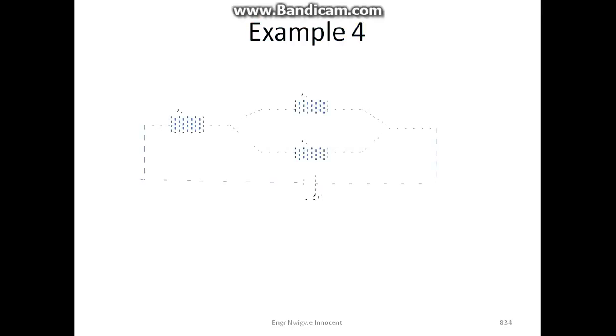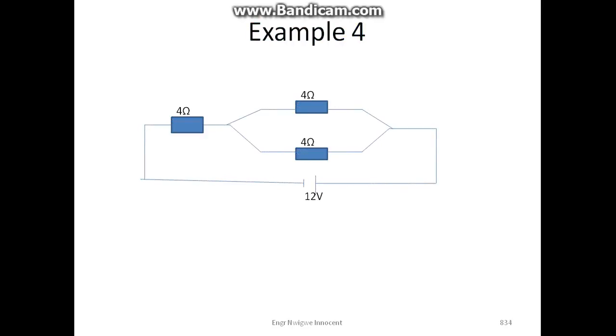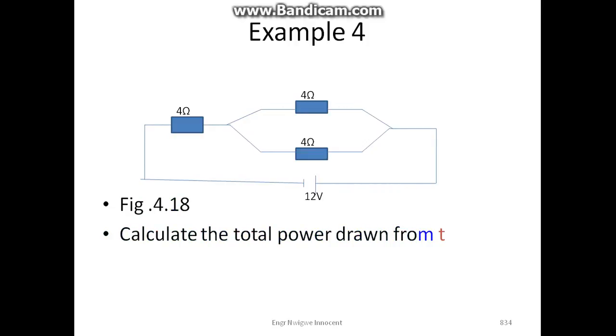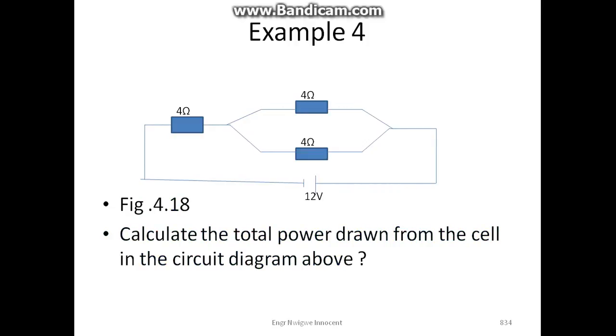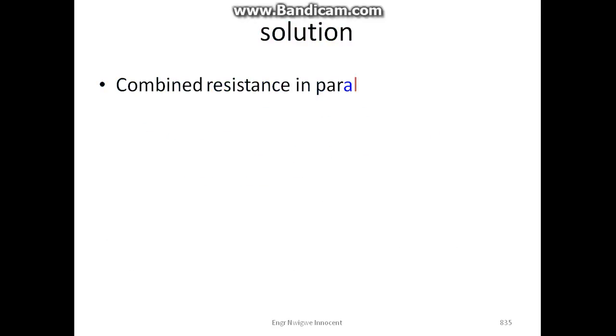Example 4. Looking at figure 4.18, calculate the total power drawn from the cell in the circuit diagram above. Solution: combine resistances in parallel. Capital R equals 4 times 4 all over 4 plus 4, which gives us 16 over 8, which is 2 ohms.